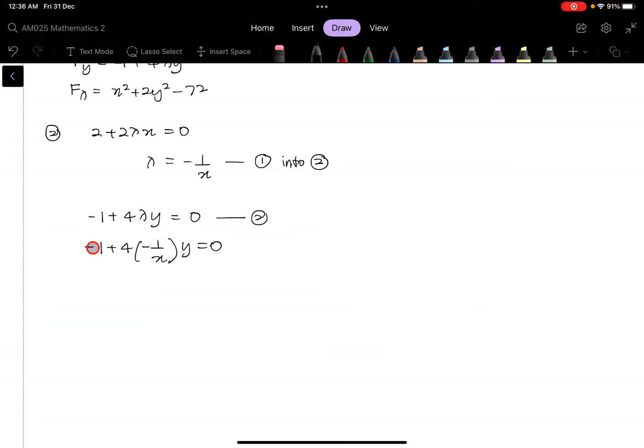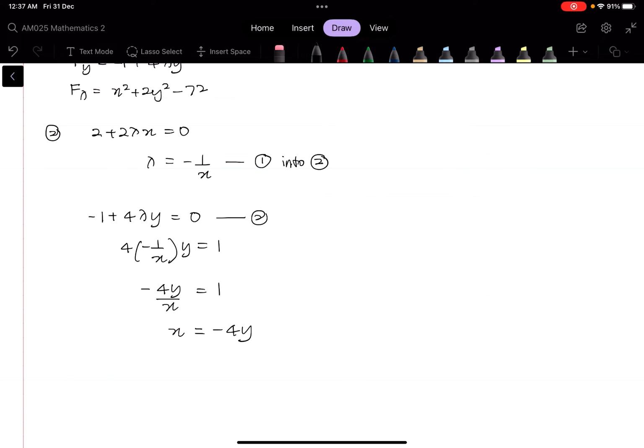If we bring the negative 1 to the right-hand side, we get a positive 1, right? And negative 4y over x equals 1, and I'm going to get x equals negative 4y.